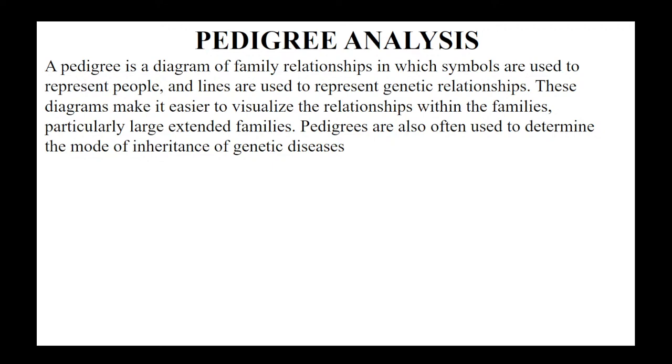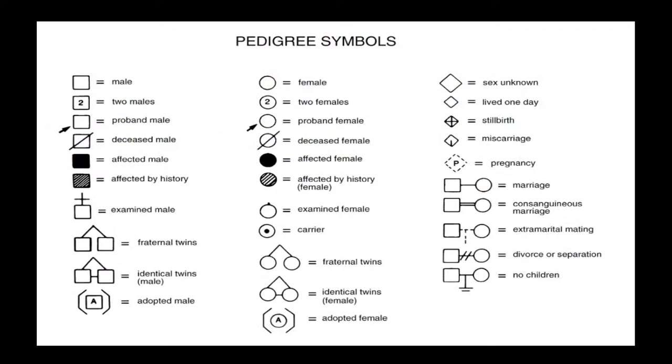Pedigrees are also often used to determine the mode of inheritance of genetic diseases. So the pedigree shows the transfer of characteristics from generation to generation, and we can determine the mode of inheritance and others. For pedigree analysis, we can use these symbols.